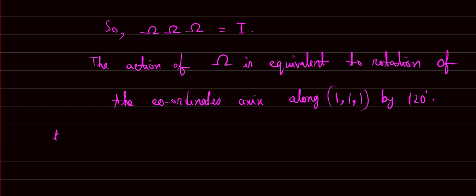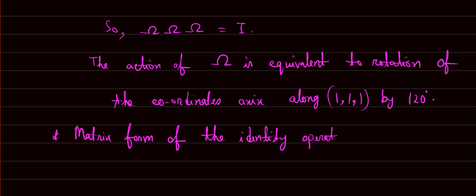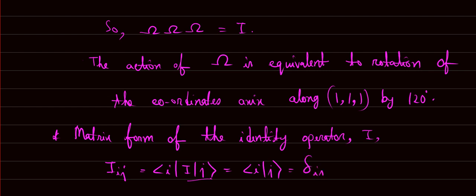So if we want to find out what is the matrix form of the identity operator, how will we find this? Obviously, I will denote it like capital I_ij, and this does not change anything, so I_ij gives us just the Kronecker delta.